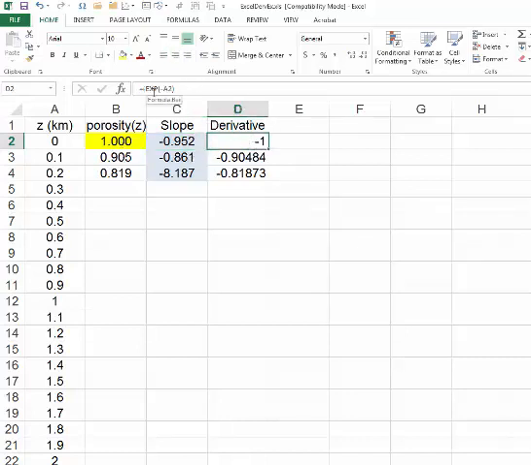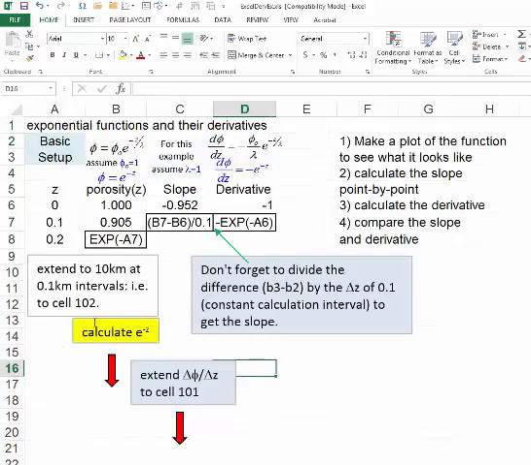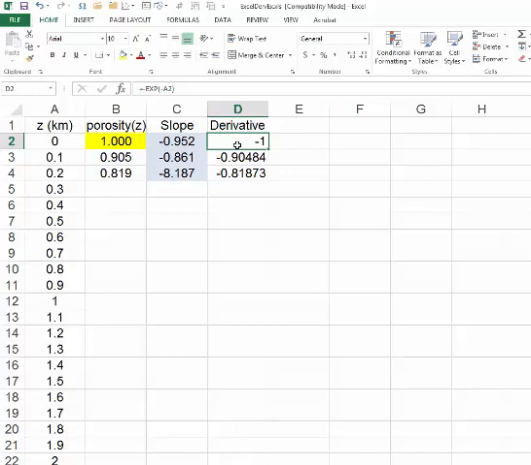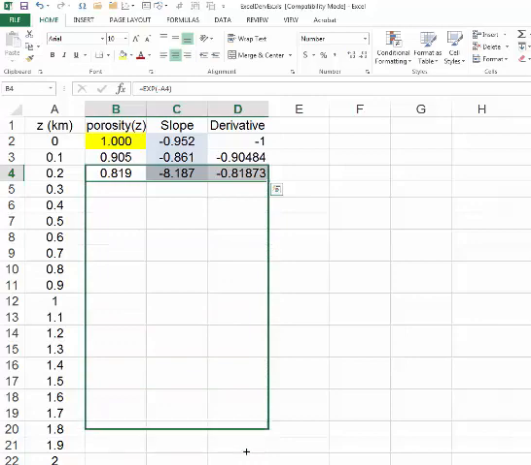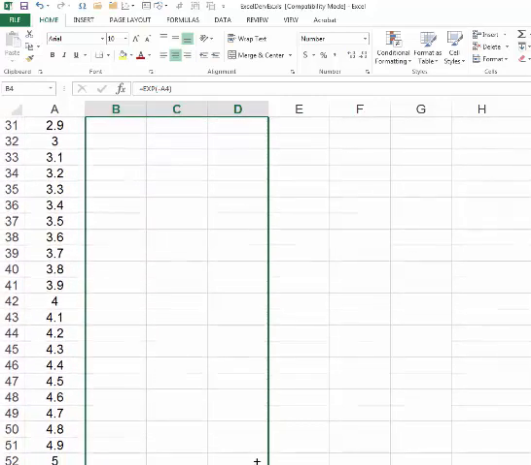And then the derivative, we're just using this formula here. Got minus e to the minus z. We've plugged that formula in. So to rapidly fill out all this, we've got our formulas in there. We've double checked our formulas. We'll copy them and move them down to the bottom.